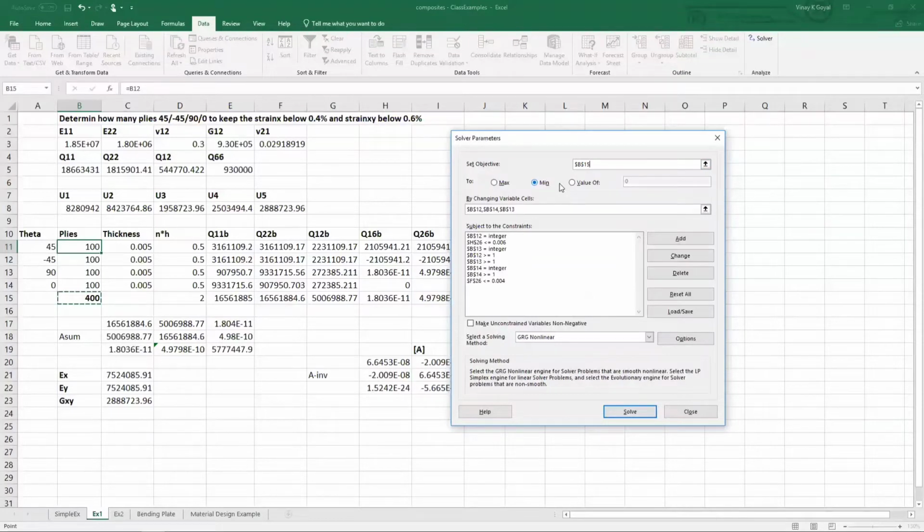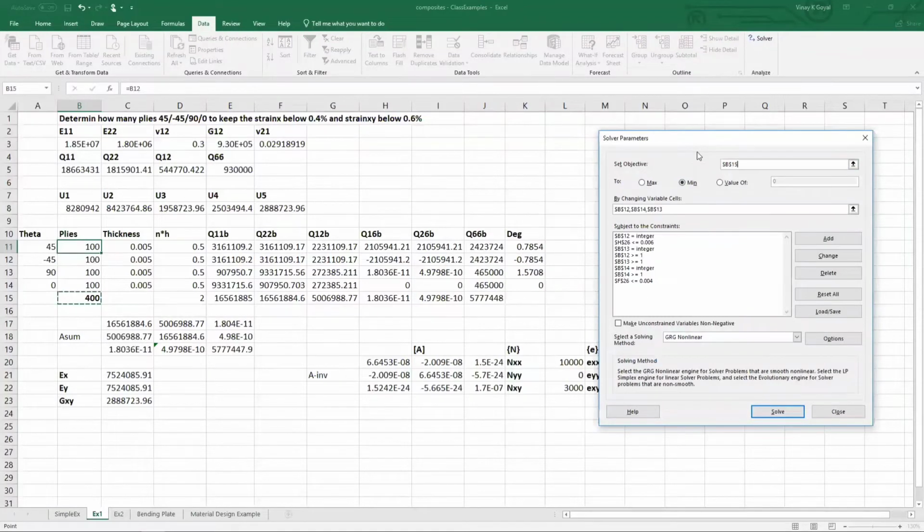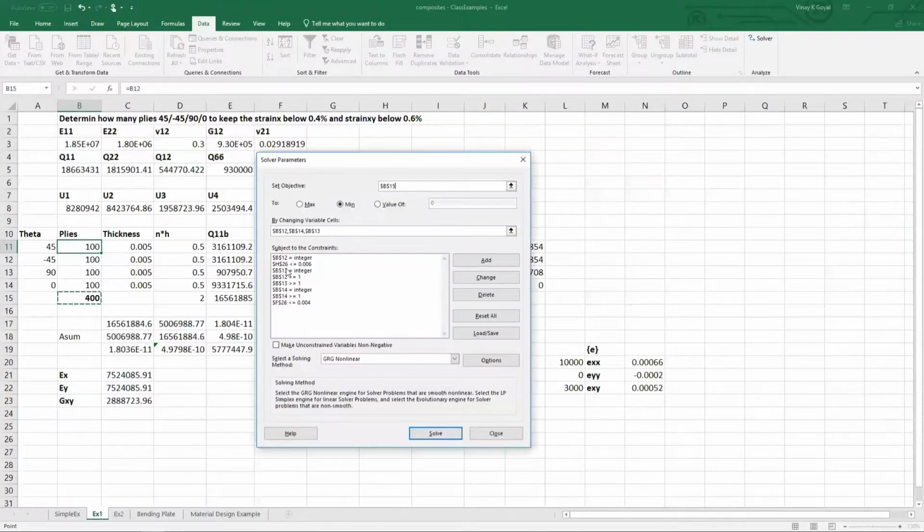And so what variables can I change? What are the design variables? B12, B13, and B14. Those are the ones I can change, and that's great. Now what I want to do is to make sure that these design variables stay integers, because the number of plies has to be an integer. In addition to that, we wanted to have at least one ply of each.